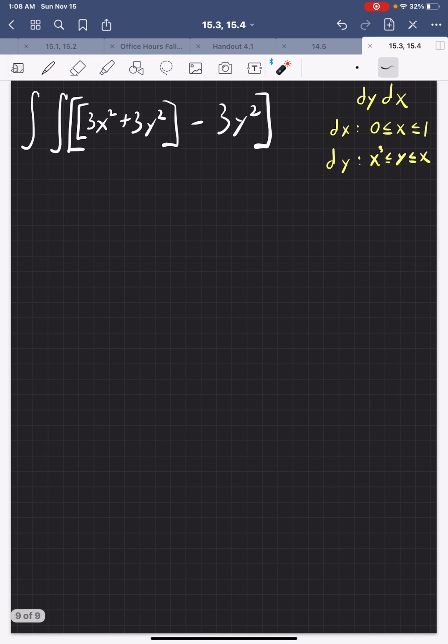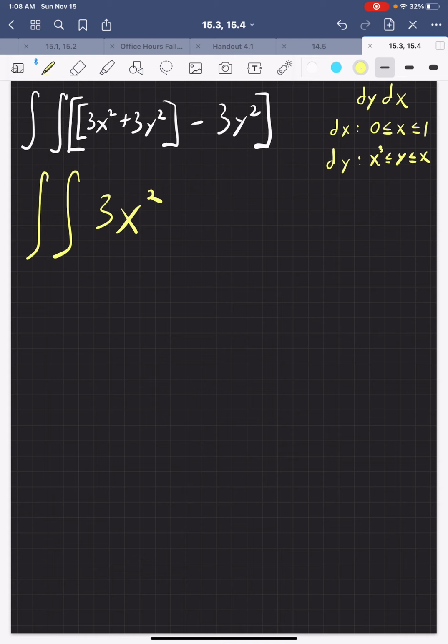This is the partial of N with respect to x. This is the partial of M with respect to y. Now, notice I haven't set up my bounds because I haven't chosen my order of integration. But because these y squareds are going to cancel out, I'm left with just 3x squared.